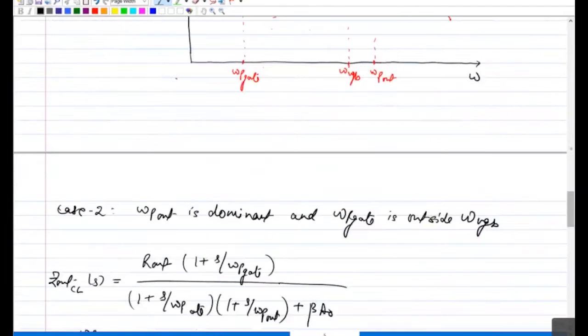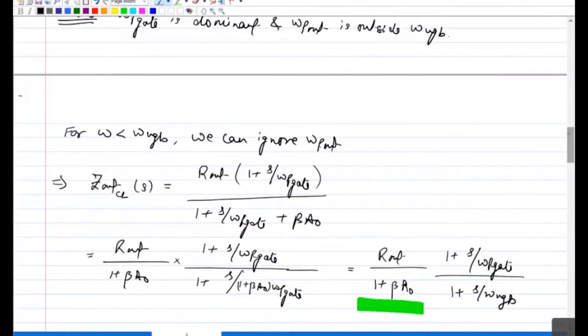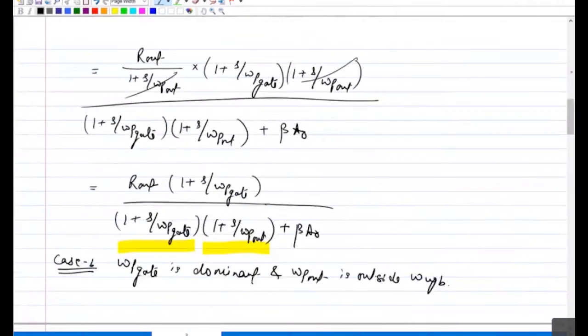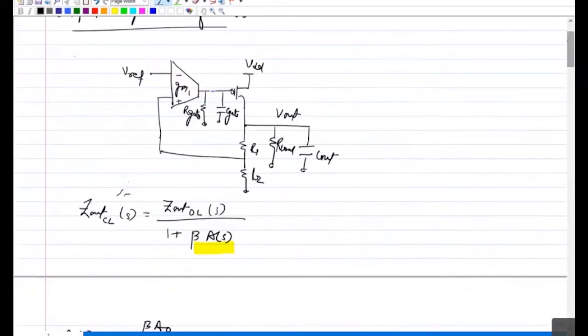So now you have your circuit. Let me copy this.